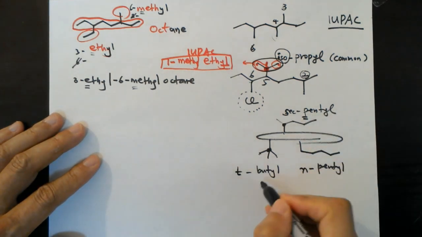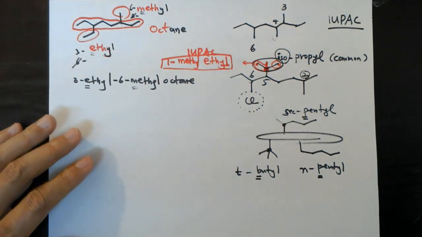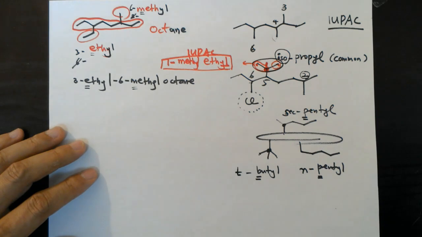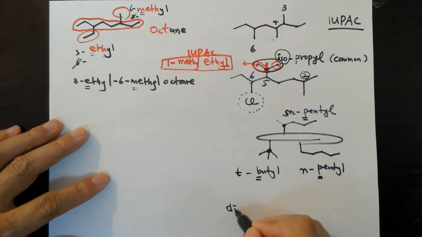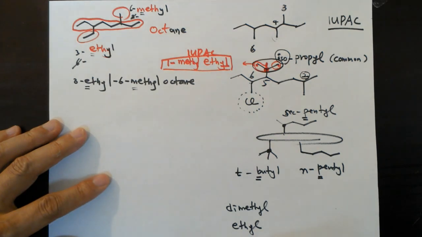You consider P, B, P. Also, in the name, when you have to order dimethyl and ethyl and, say, propyl, you order them in the name by ignoring di, tri, but use M, E, and P.